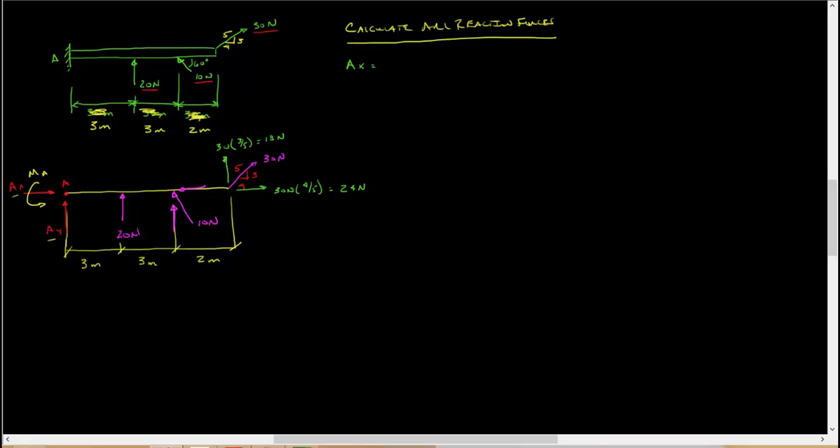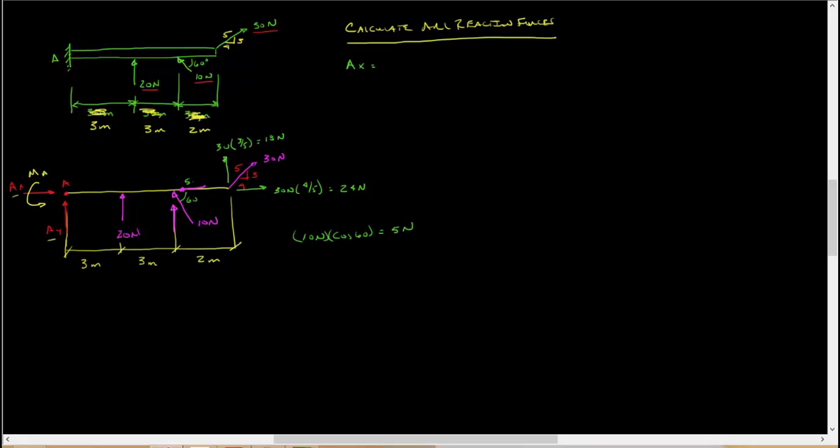This force here is going to be 10 newtons times, since this is 60 degrees here, this would be cosine, which would be, let me throw this to my calculator. Oh yeah, of course, it's 5 newtons.